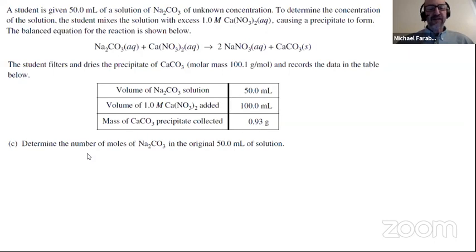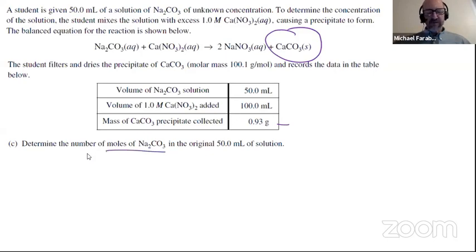The student reacted the sodium carbonate with an excess amount of calcium nitrate, Ca(NO3)2, and a precipitate formed. You can see a precipitate is formed right here on the right side of the equation, and we are given the mass of that precipitate. So our job is to determine the number of moles of sodium carbonate.